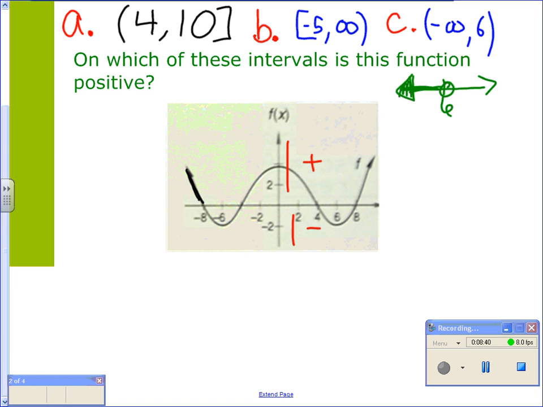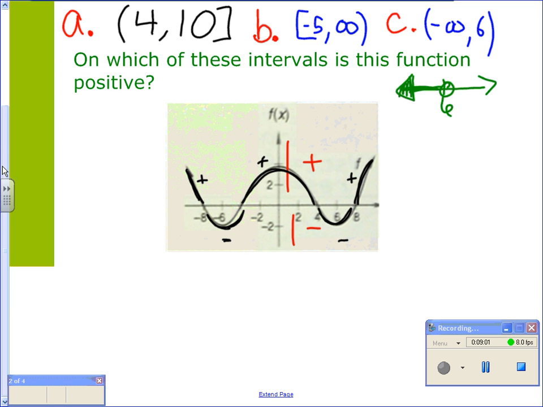No, no, no. Positive. What about from here to here? It's negative here. In this area? Here? And then here. All right. So it asks us, which of the intervals is it positive? Well, how many intervals do we have? We have 3 that are positive. Do y'all see how that works?